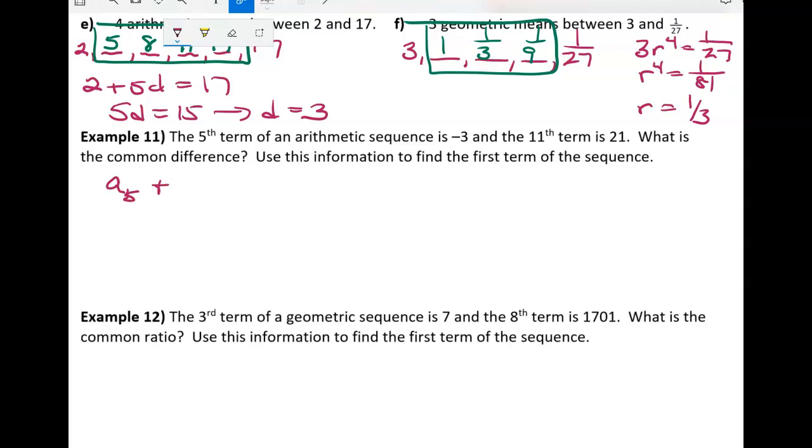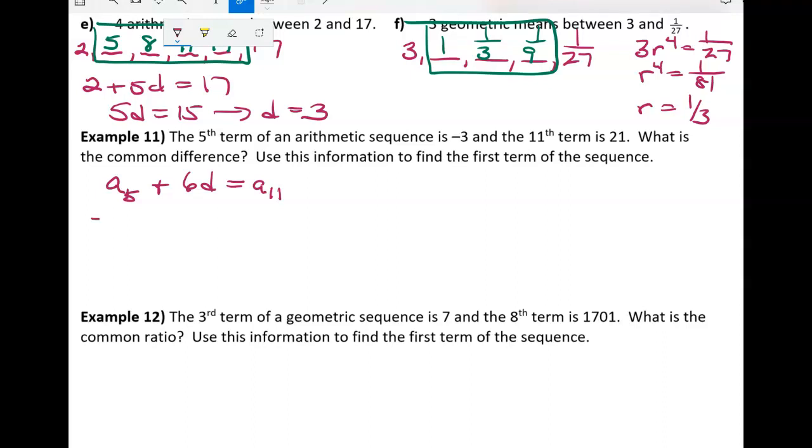So the 5th term plus 6 common differences, so 6 times d, is equal to the 11th term. Notice that that number 6 is just the difference between the term numbers. To get from the 5th term to the 6th term, you have to add 1d. To get from the 5th to the 7th, you have to add 2 d's, etc.